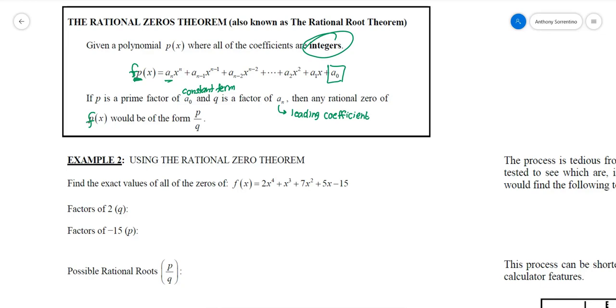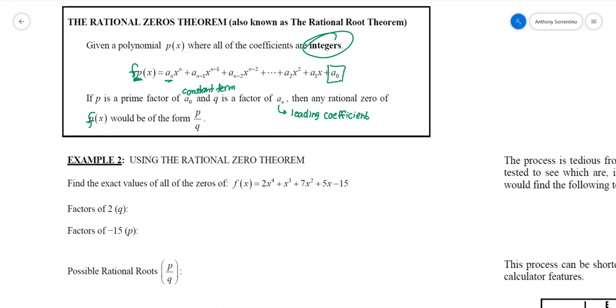If I find out by the intermediate value theorem that this one has an answer between 1 and 2, there's a lot of fractions between 1 and 2, like 1.1, 1.5, 1.05. There's a whole bunch of different things that are rational that could possibly be zeros. So basically, they were stuck with having to go through quite a large number, basically an infinite number of possibilities. This at least broke it down into a tangible, finite list of numbers to try out.